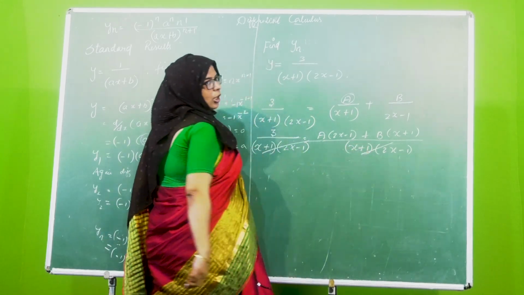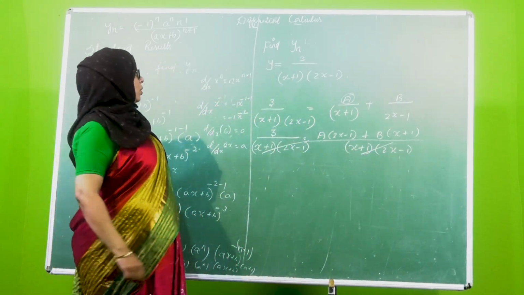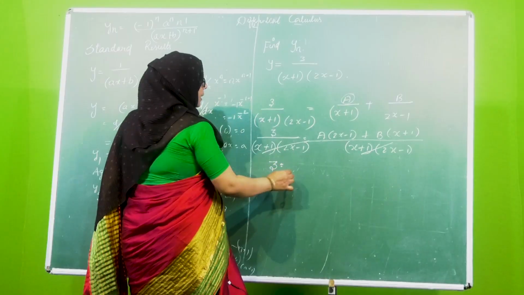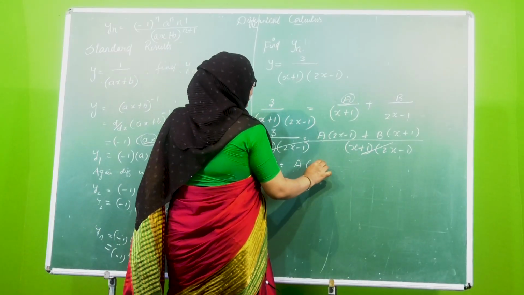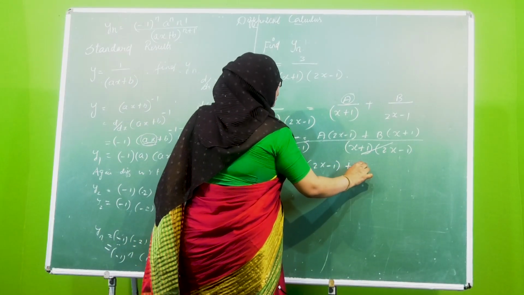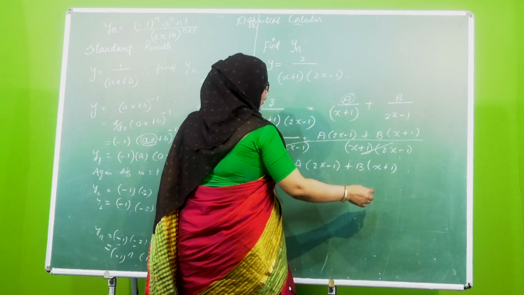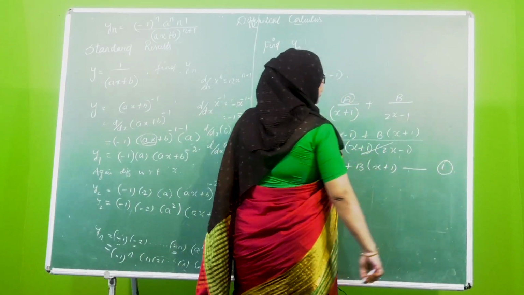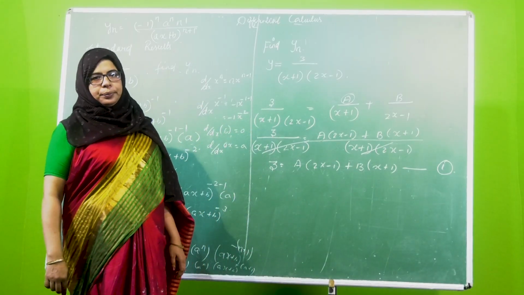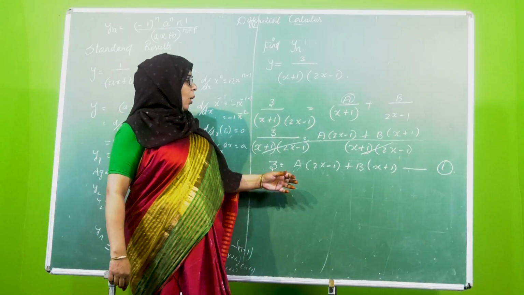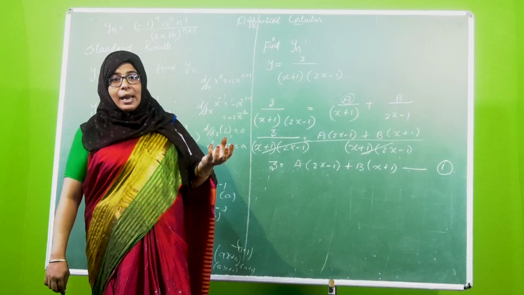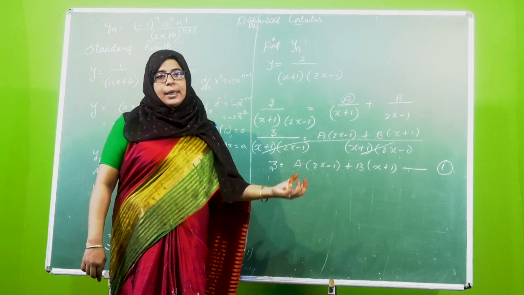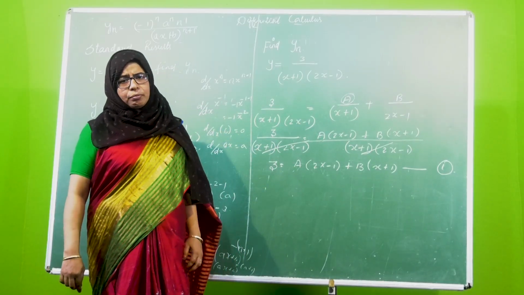So, these 2 terms get cancelled. So, 3 is equal to a into 2x minus 1 plus b into x plus 1. Equation 1.